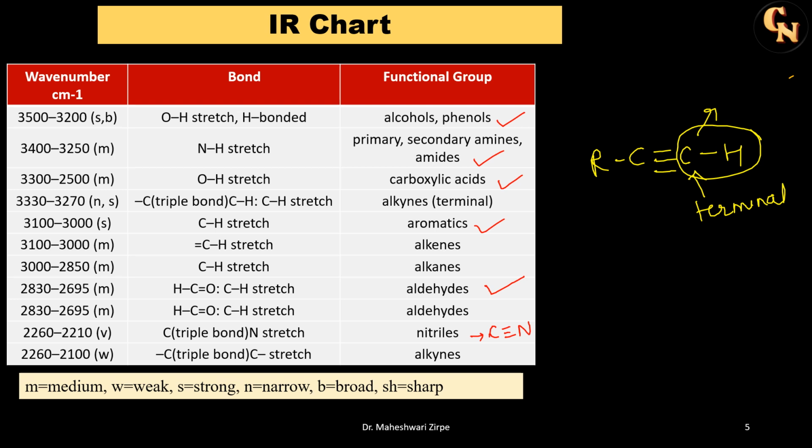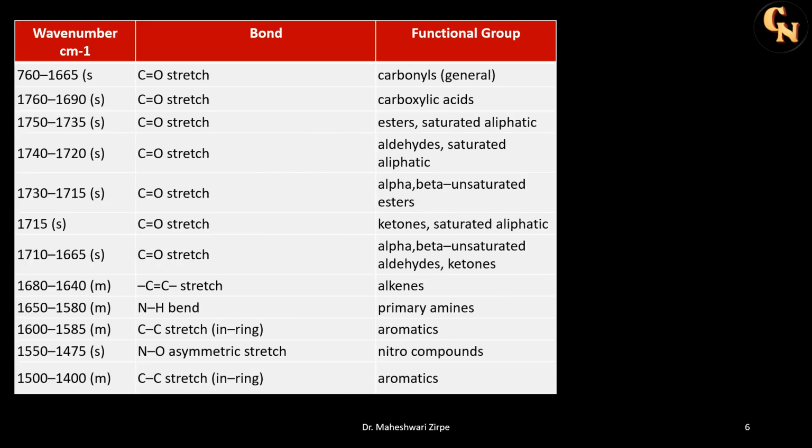Out of this, the important ones are alcohol, phenol, amide, carboxylic acid, aromatic ring, aldehyde stretching, nitrile stretching. Remember this, students. The only way to remember these signals is by practicing numericals. When you practice numericals, these automatically get learned by heart.